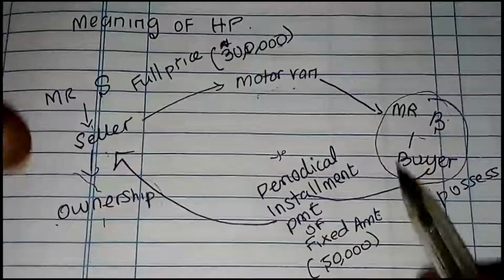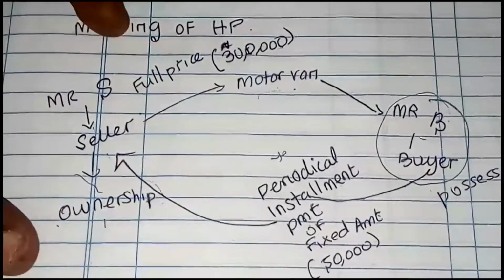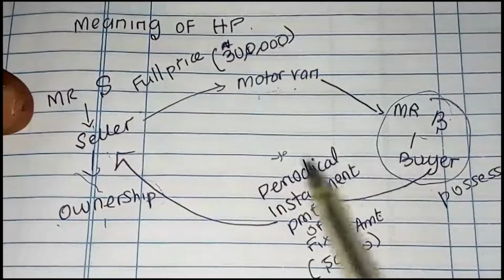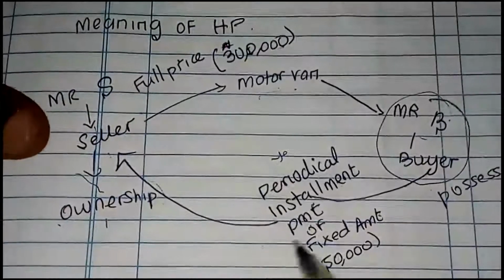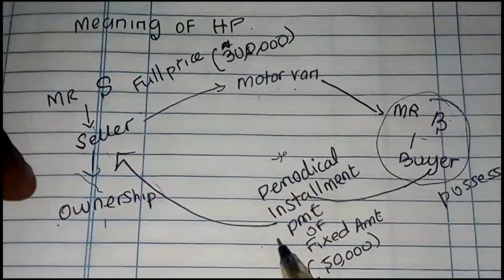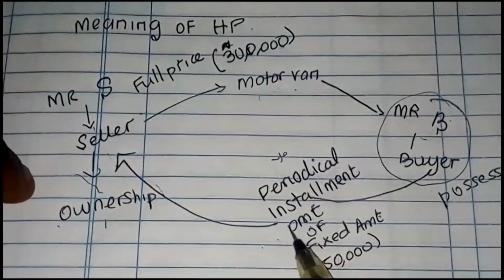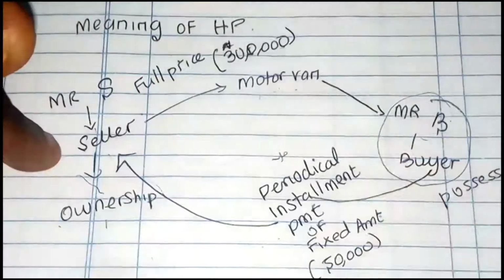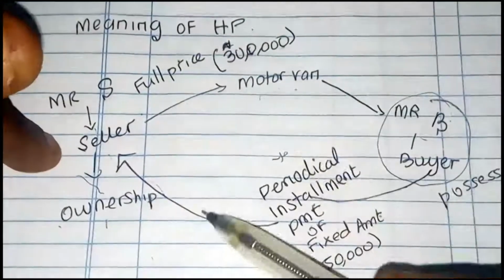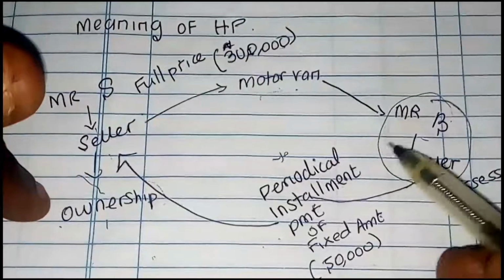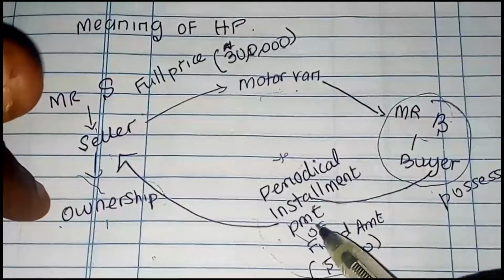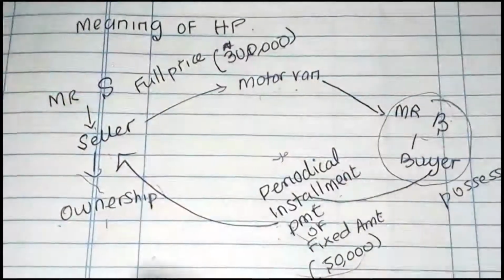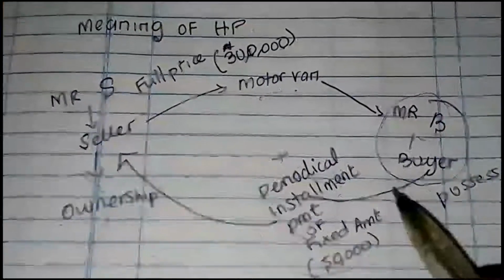Now then, another thing about this arrangement is this: anytime Mr. B fails or defaults in his payments or fails to make the periodical payments, Mr. S has the right to withdraw the motor van, or the goods, from Mr. B. That is one.